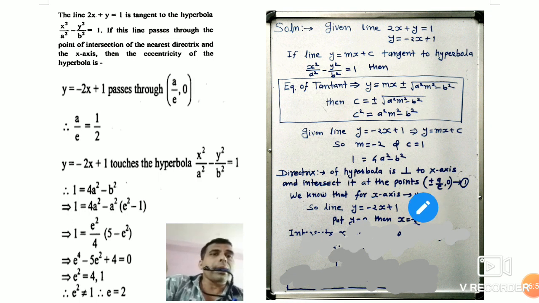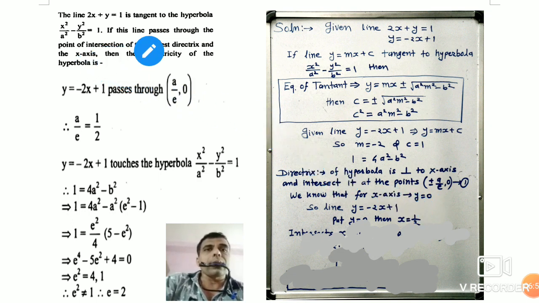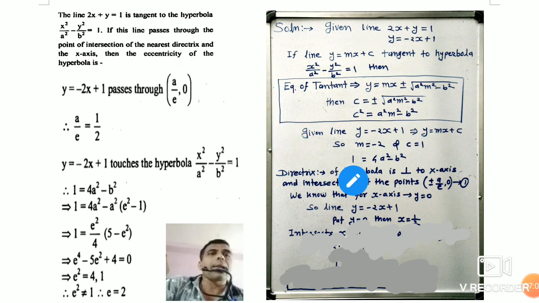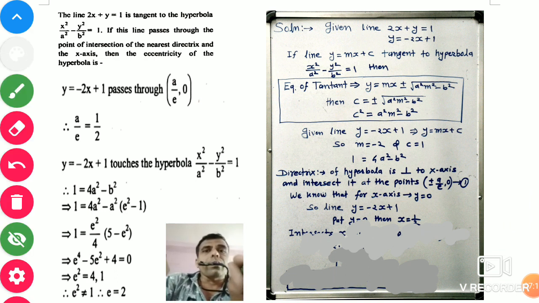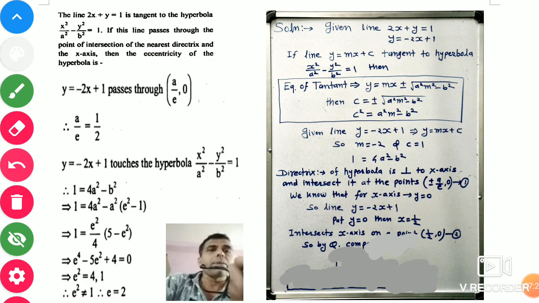So the nearest directrix, as given in the question: the line passes through the point of intersection of the nearest directrix. So which directrix is nearest? We can find where the line y is equal to minus 2x plus 1 intersects the x-axis. For the x-axis we know we can put y is equal to 0.